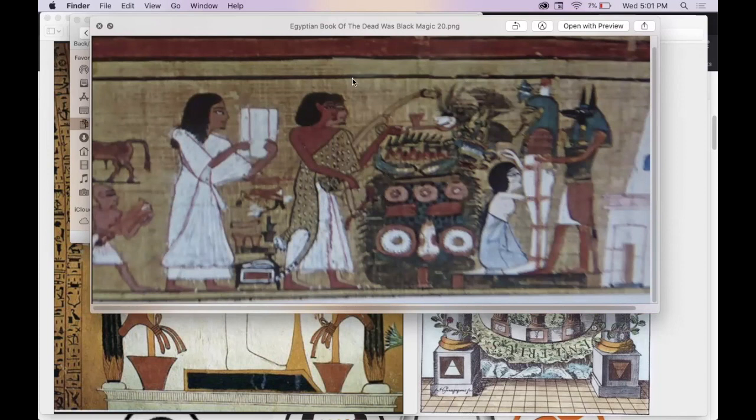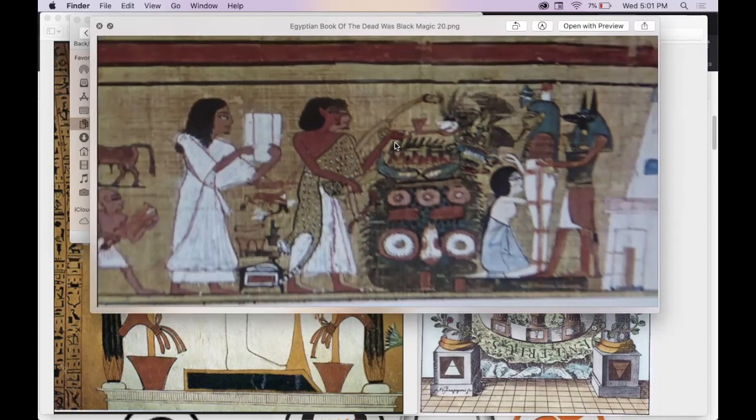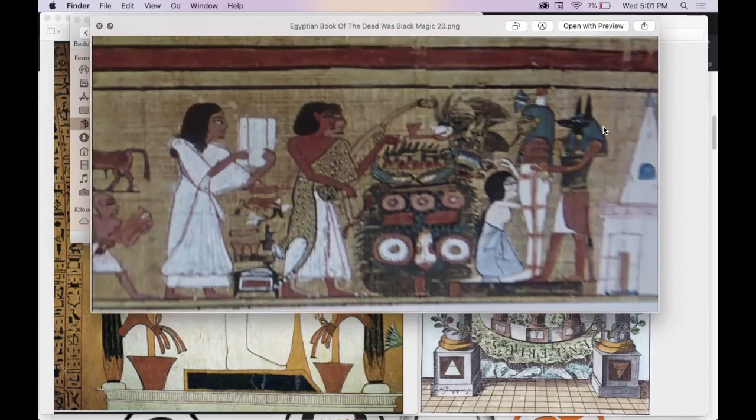But look at where she is. This is in the Egyptian Book of the Dead, this image, because this is where I got it from on the internet. And some of the stuff is like, okay, what are we looking at? This is obviously a ritual, the whole thing. And this is what they do in Hollywood, this type of stuff, in order to gain the favor of their masters.